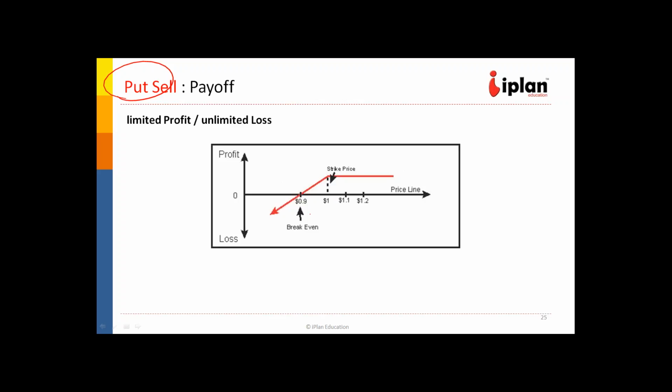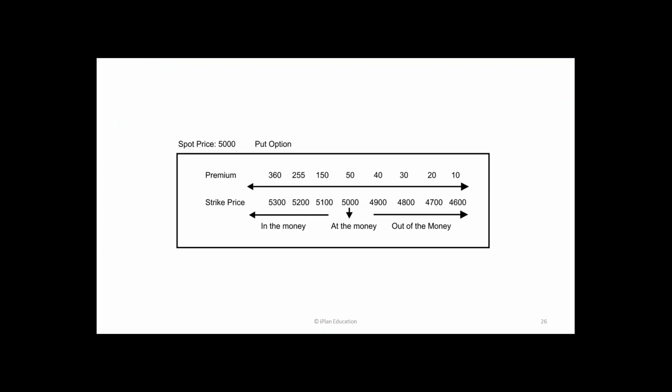The put seller basically is into a long position, he'll receive the premium. So the put buyer, who is actually a seller, will not exercise his option. So he will not sell the property. In that situation, the premium received by the put writer or the seller will be his maximum profit. Right?